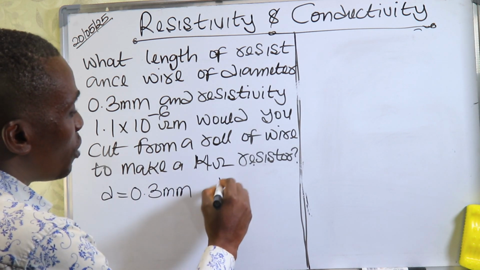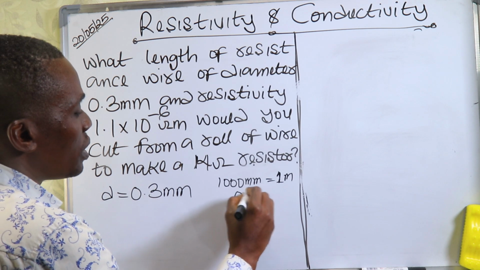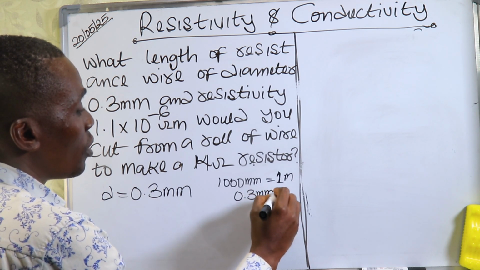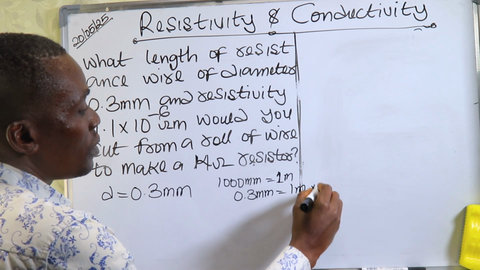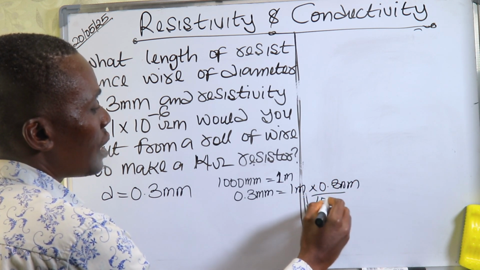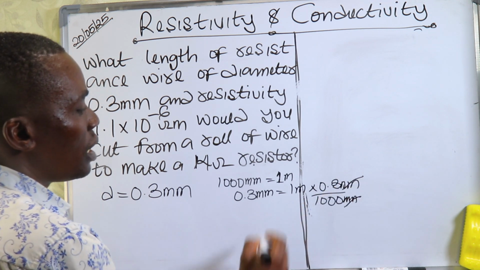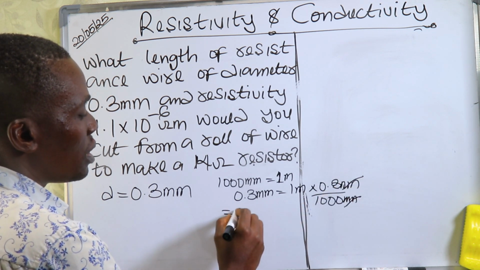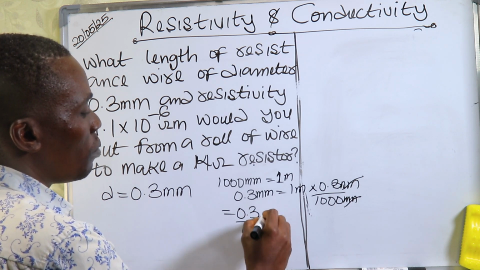So if 1000 millimeter make 1 meter, then 0.3 millimeter will give us 1 meter times 0.3 millimeter divided by 1000 millimeter. Millimeter cancels millimeter, and what remains is 0.3 divided by 1000 meter.